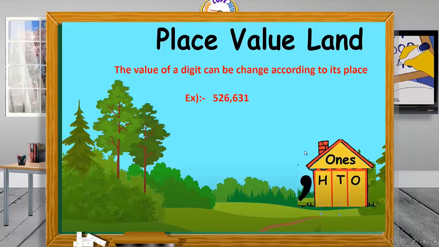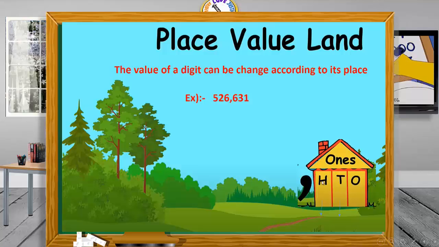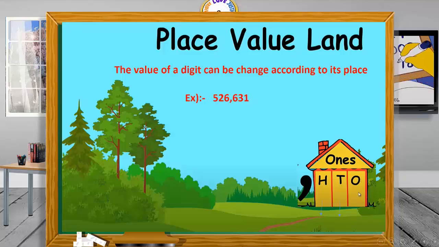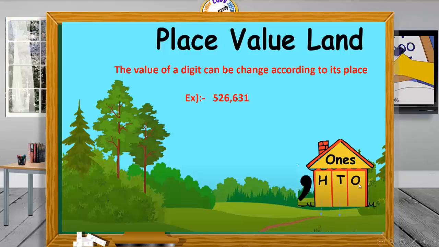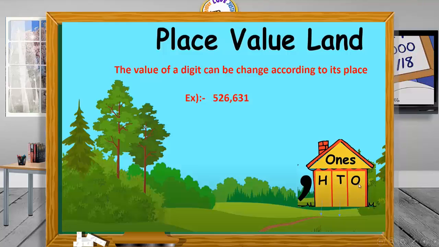Look here with me. We have a house, which is a place. This place is called ones, and it consists of three rooms: first room ones place, tens place, hundreds place.